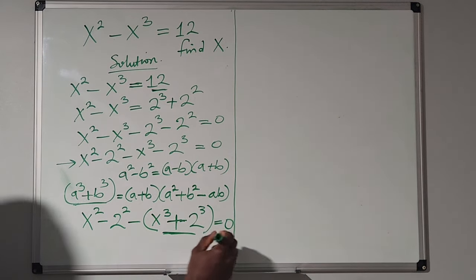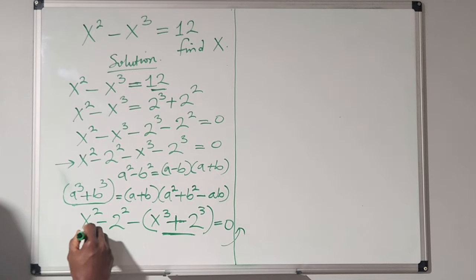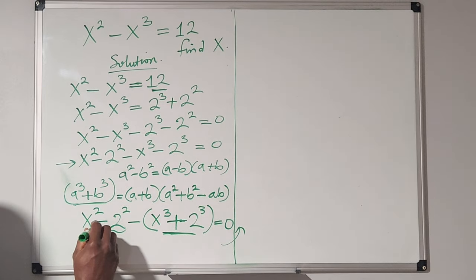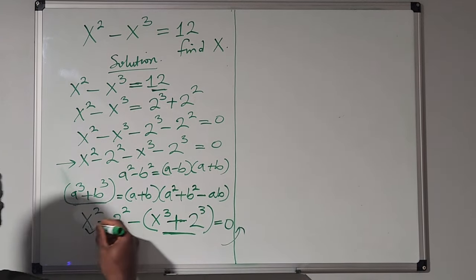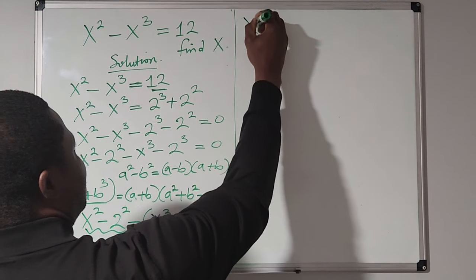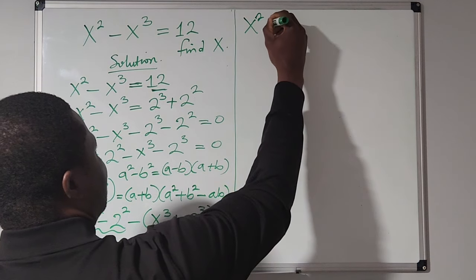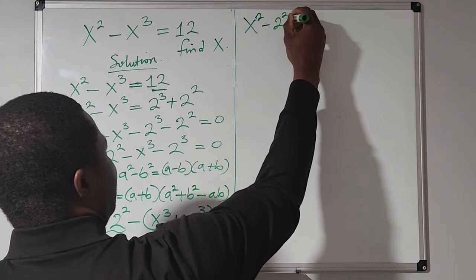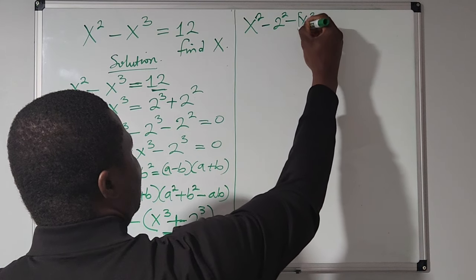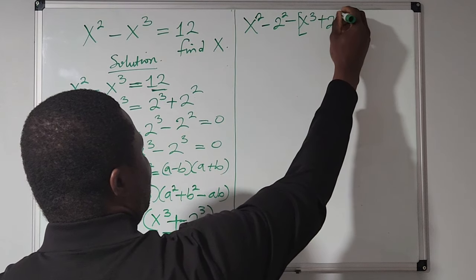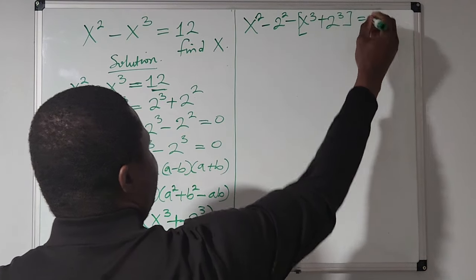Let's start with this side first: x squared minus 2 squared, rewritten in this format. So let's write this out first: x squared minus 2 squared minus x cubed plus 2 cubed equals 0.